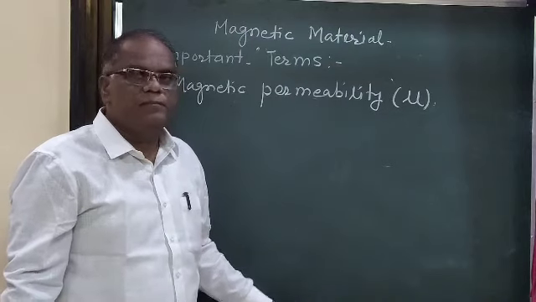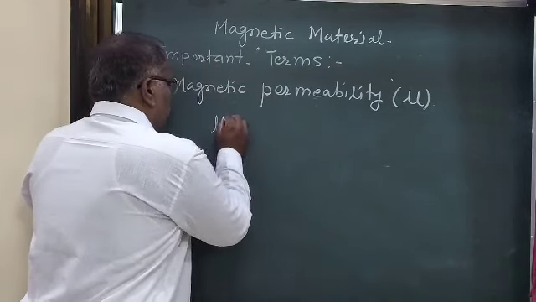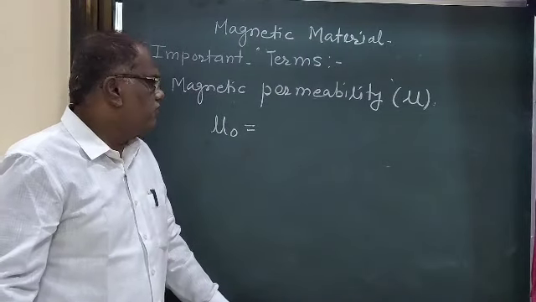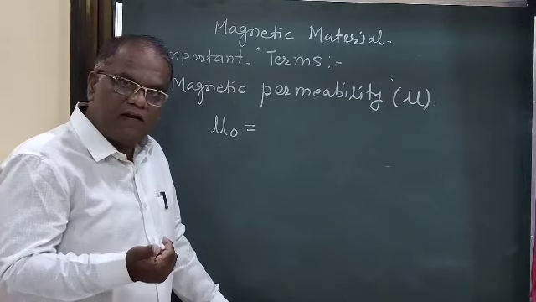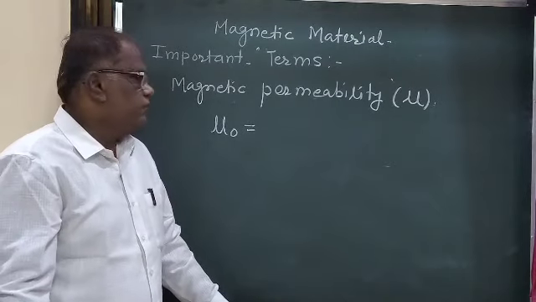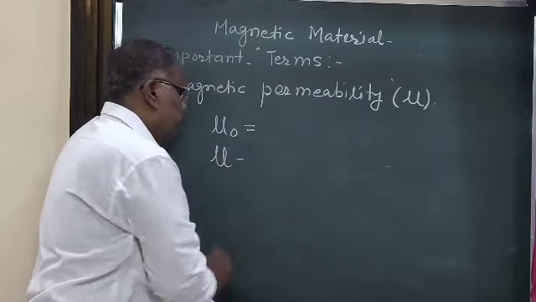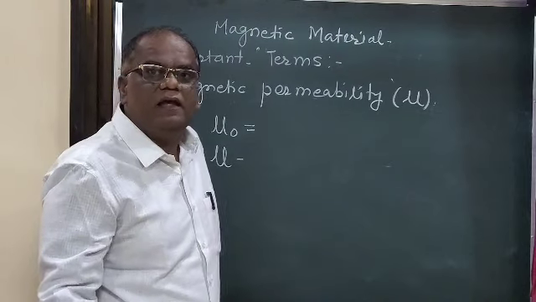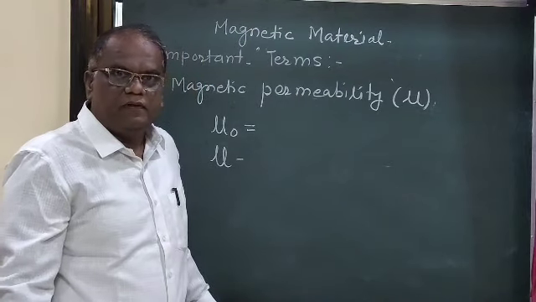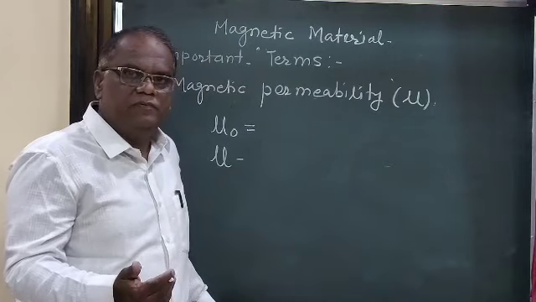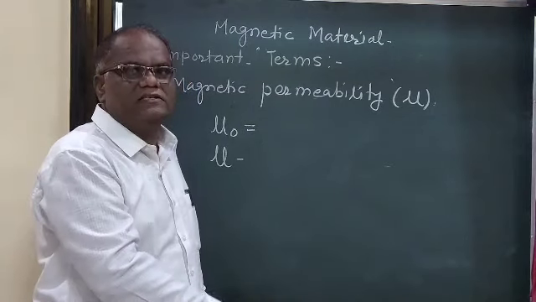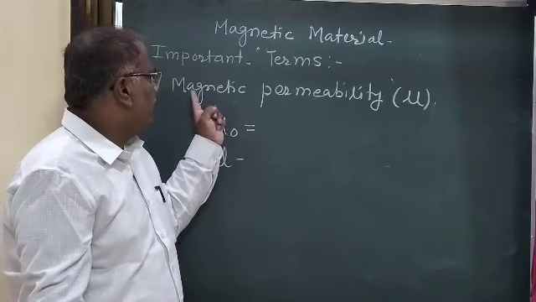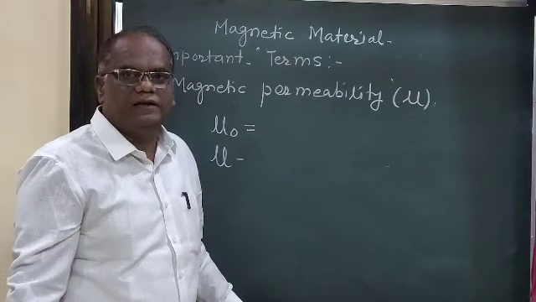It is represented by mu, where mu 0 is called the magnetic permeability of free space, air or vacuum, and mu is called the magnetic permeability of a material medium. The ability of a medium to conduct magnetic lines of force is expressed in the quantity called magnetic permeability.